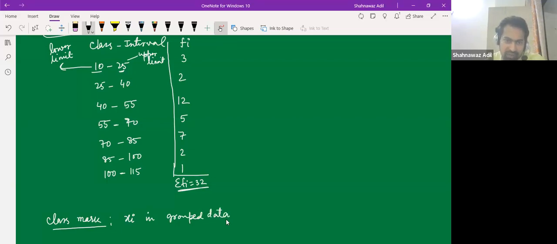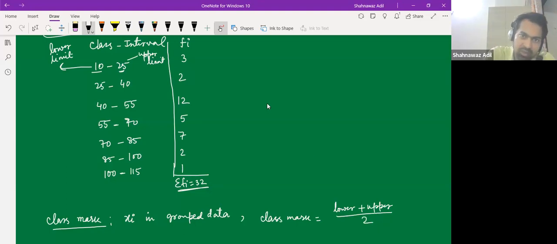And how do we calculate this class mark? So this is defined by lower limit plus upper limit divided by 2. Okay.